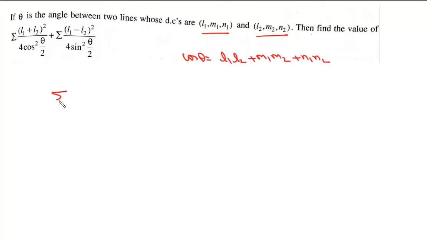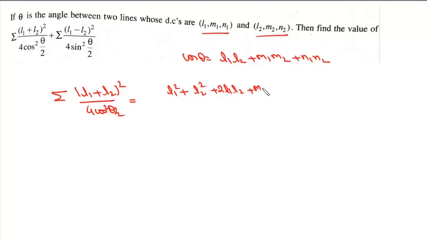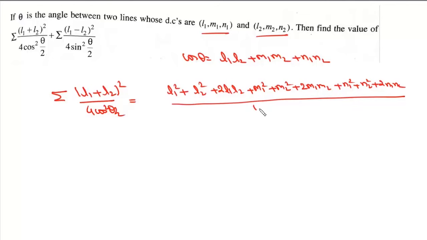Now if we look at this first expression, which is (L1 plus L2) whole square upon 4 cos square theta by 2, we can write this as L1 square plus L2 square plus 2 L1 L2 plus M1 square plus M2 square plus 2 M1 M2 plus N1 square plus N2 square plus 2 N1 N2, upon 4 cos square theta by 2.